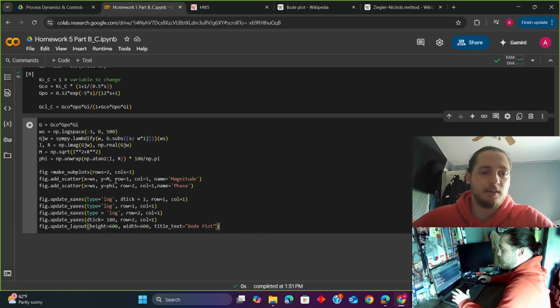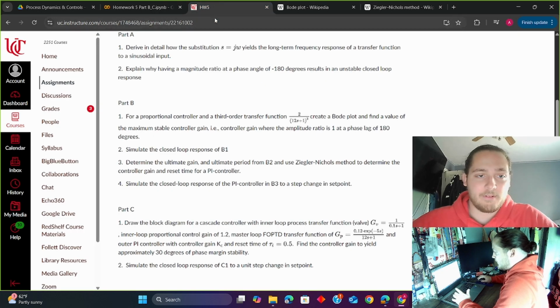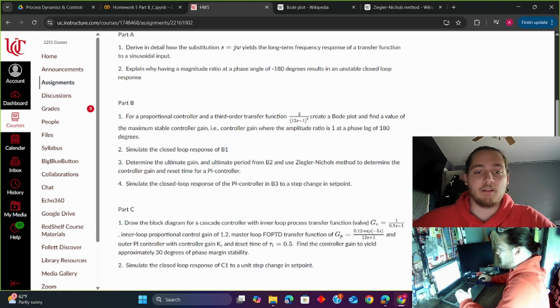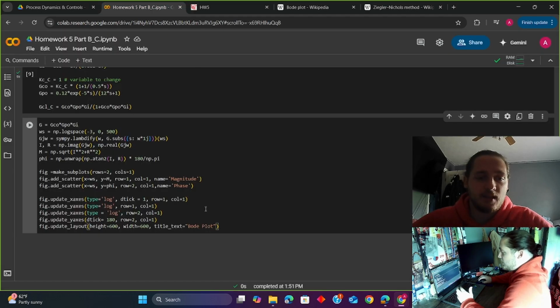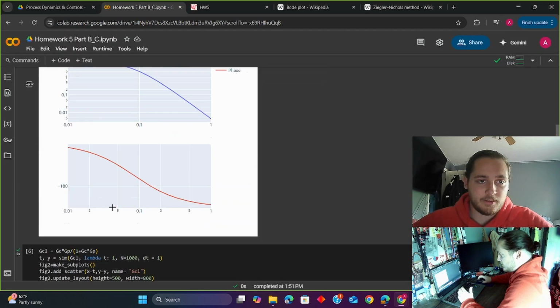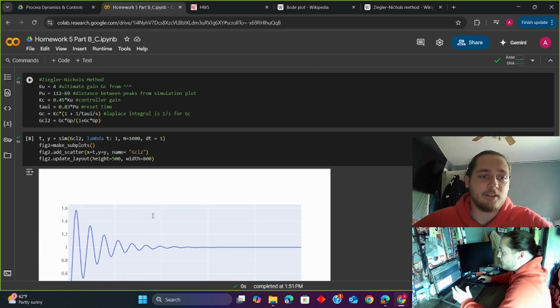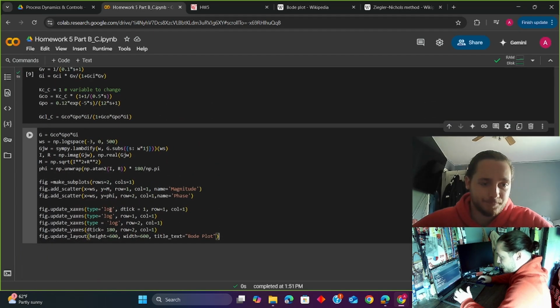Okay, so now that we have that pasted in here, we now want to reference back to our homework. And what we're looking for is the controller gain to yield approximately 30 degrees of phase margin stability. So what that means is instead of our previous parts, when we were looking at the crossover frequency of 180 degrees, we now want to have a fudge factor of 30.